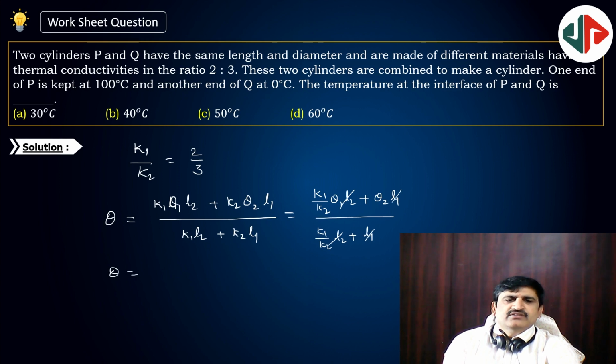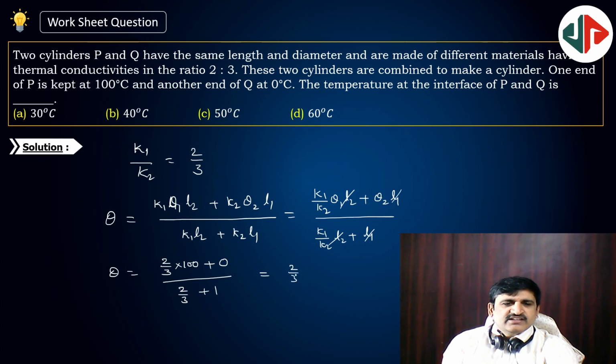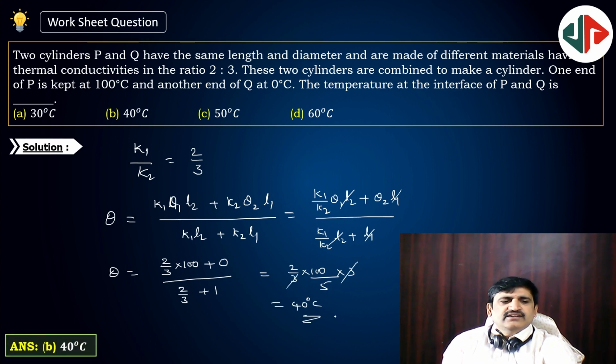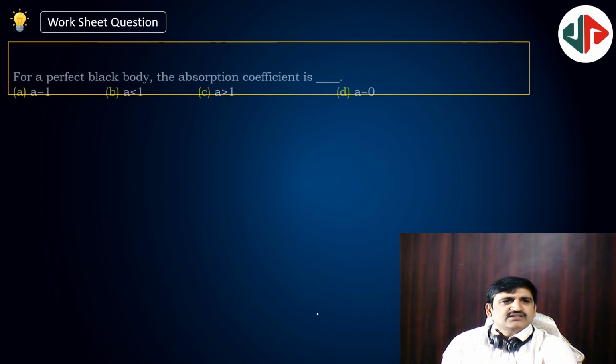So theta equals 2 by 3 into 100 plus theta 2, which is 0, divided by 2 by 3 plus 1, that is 5 by 3. The 3s cancel, and it is 40 degrees. Some formulas you need to know.